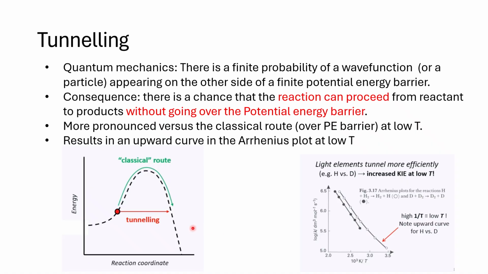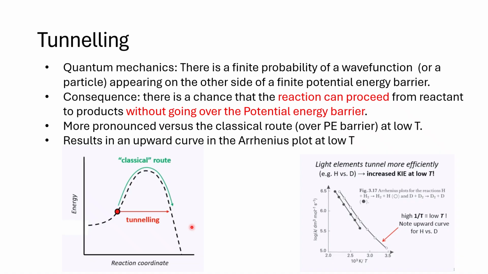The tunneling effect is heavily dependent on the mass of the molecule. Light elements such as hydrogen, as compared to the deuterium atom, will tunnel more efficiently.